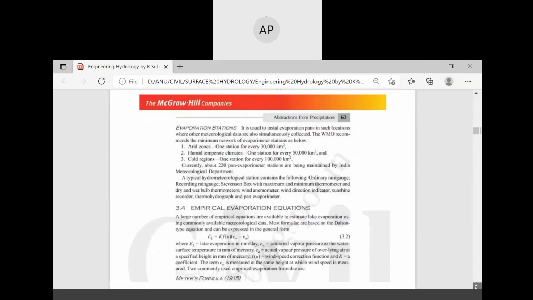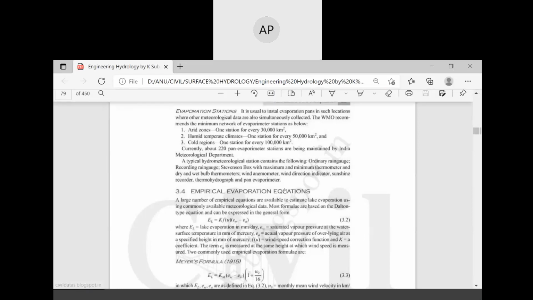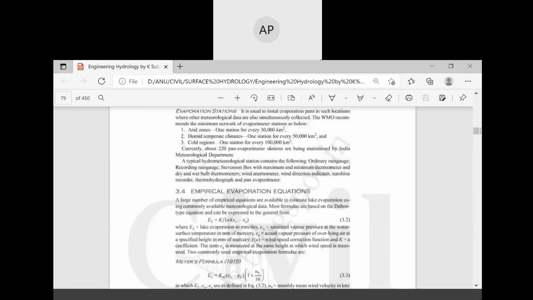Next, evaporation stations, where you can place the evaporation pans. It is usual to install evaporation pans in locations where other meteorological data are also simultaneously collected.